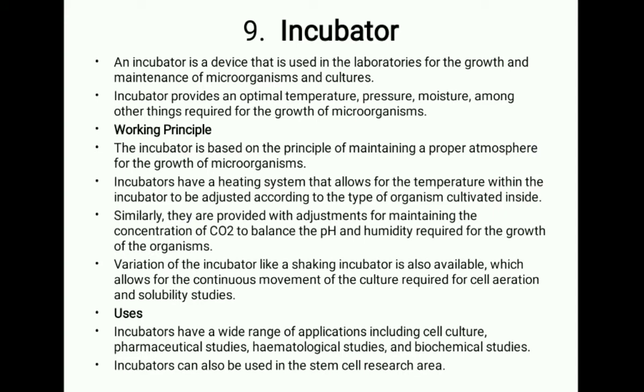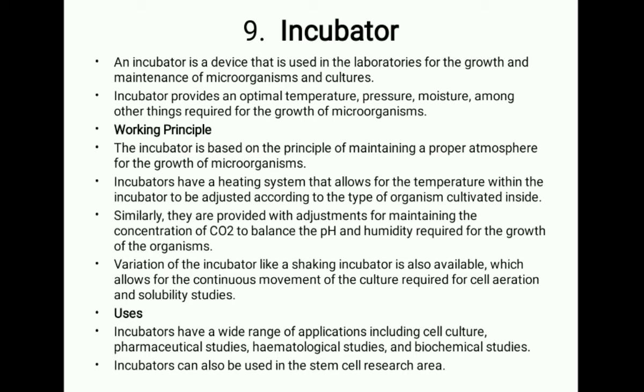Next we have incubators. An incubator is a device that is used in the laboratory for the growth and maintenance of microorganisms and cultures. Incubators provide an optimum temperature, pressure, moisture, along with other things required for the growth of microorganisms.